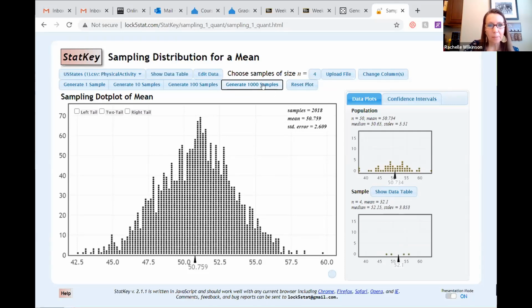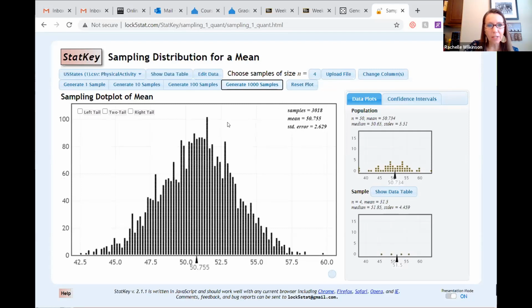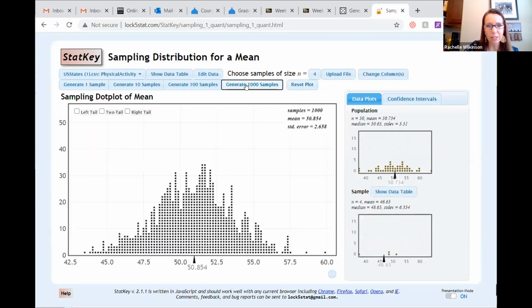Now, thinking about this one here, I'm actually going to go back to only having 1,000. So I'm going to reset and just click on 1,000. If you roll over any of these, notice that the information in the data section over here changes depending on which dot you're rolling over. It shows you the information behind each of these different dots. So what does one dot on this dot plot represent?